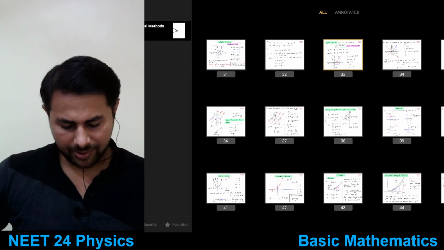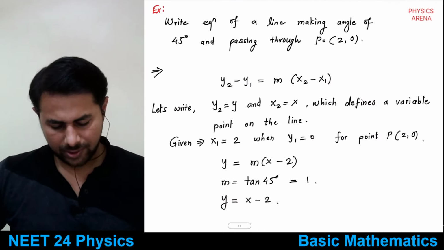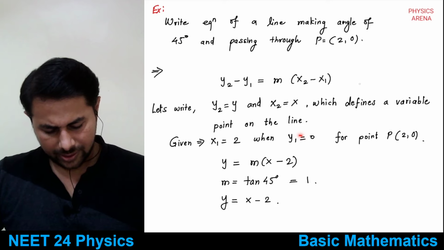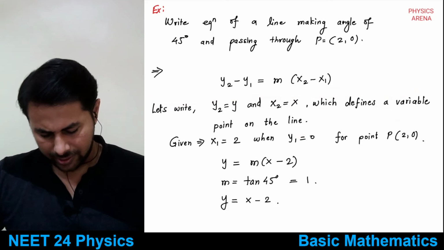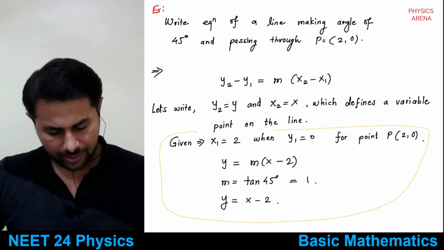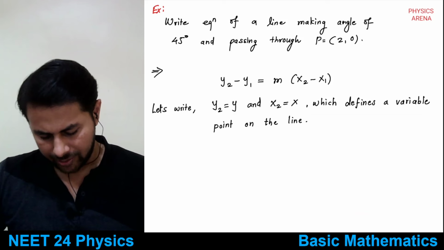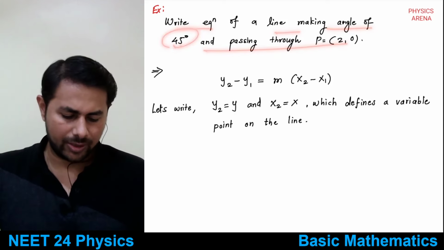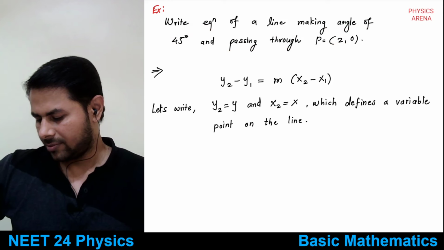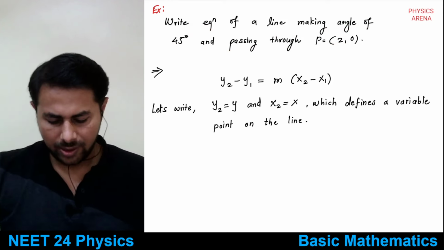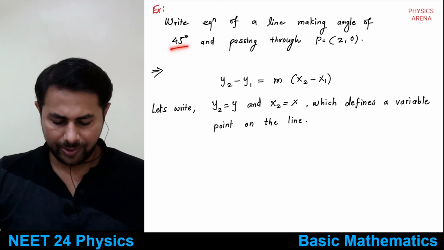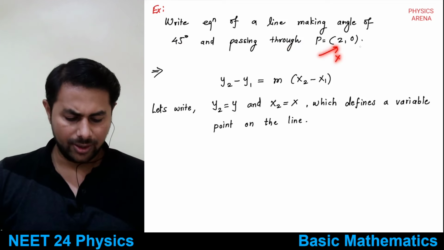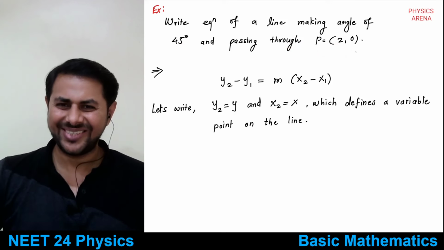All right, so let's see an example based upon this. Write an equation of a line making an angle of 45 degrees and passing through P equal to (2, 0). (2, 0) means x coordinate is 2, y coordinate is 0.